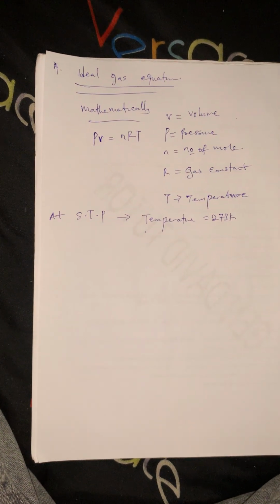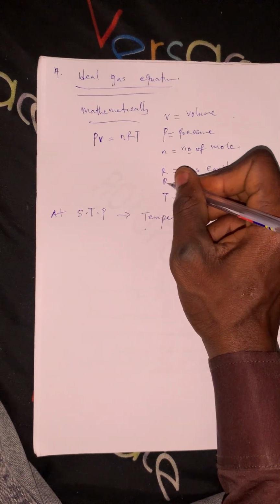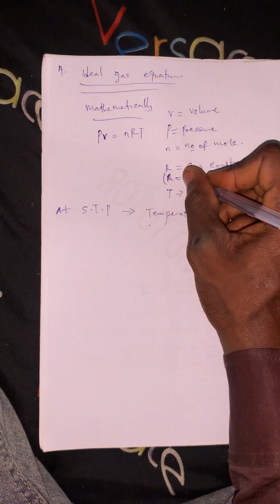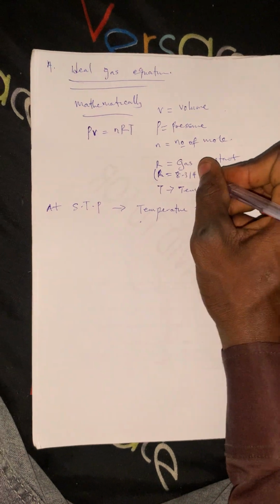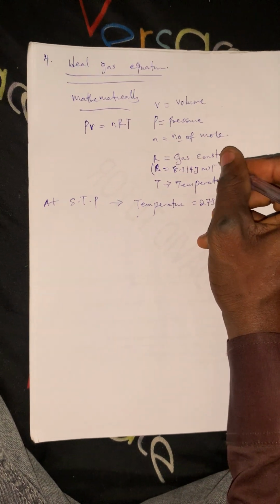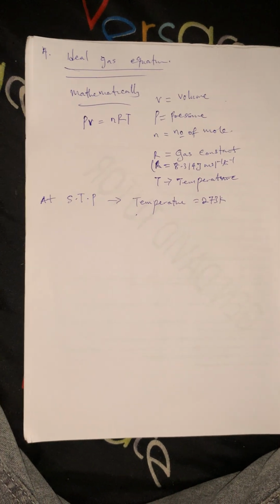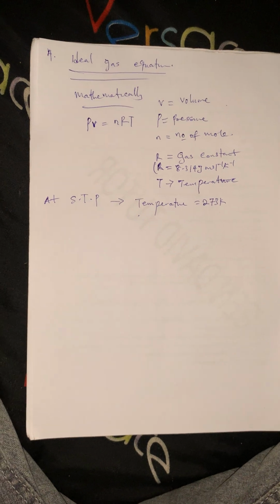And at the same time, don't forget the value of your R, your molar constant. Your R has a value because it's a constant. It's a molar constant, a gas constant. So it is 8.314 joule per mole per Kelvin. So with this, you can be converting this to other ones.